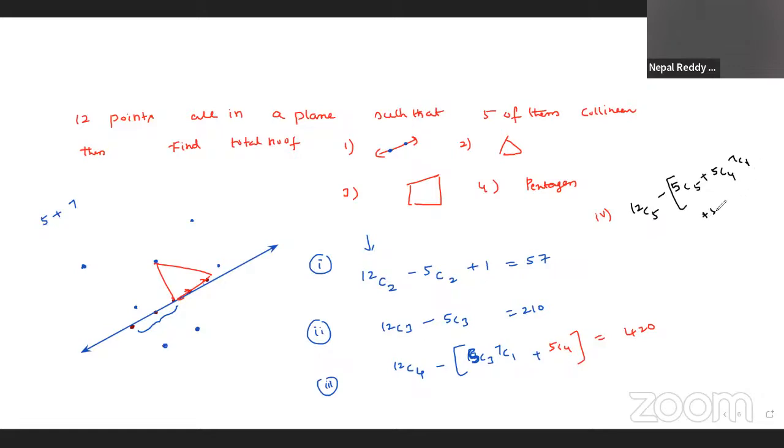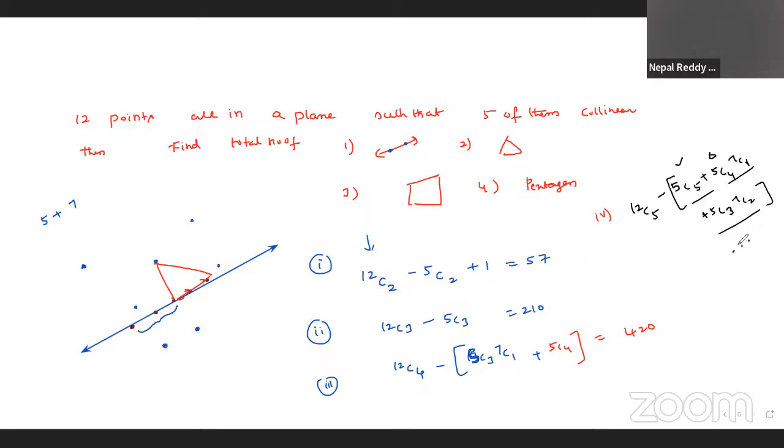Next, if you choose 3 from the straight line and 2 from the other, that gives a quadrilateral. Yes, no need to write the remaining, that's all. So in these cases, when you select 5 points, it is not a pentagon. So I am removing 4 points on the straight line, 1 point on the other. That gives a triangle, right?